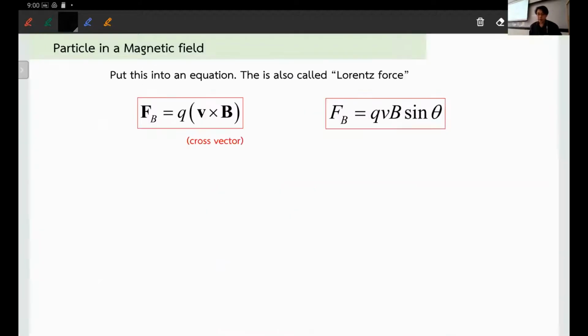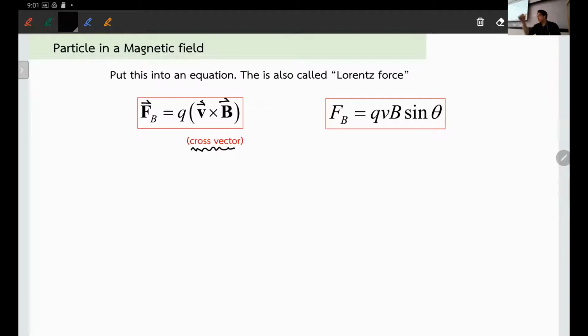You have two choices: the vector notation or just a scalar quantity, up to you. Okay, so this one, we use vectors. Let me emphasize by putting the arrow on top. The right hand rule that we have done can be written in terms of the cross product.